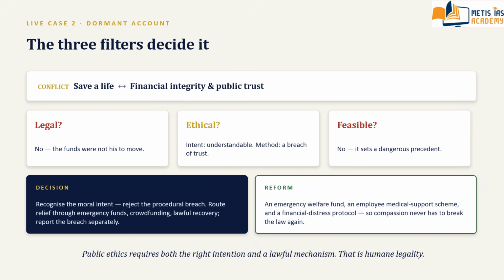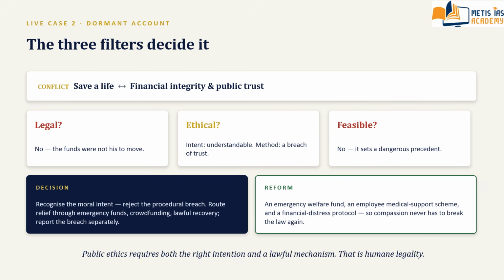Emergency support channels, medical crowdfunding, employee relief, and a legal recovery process are due in this particular case. So report the procedural breach separately. You have to do that also.